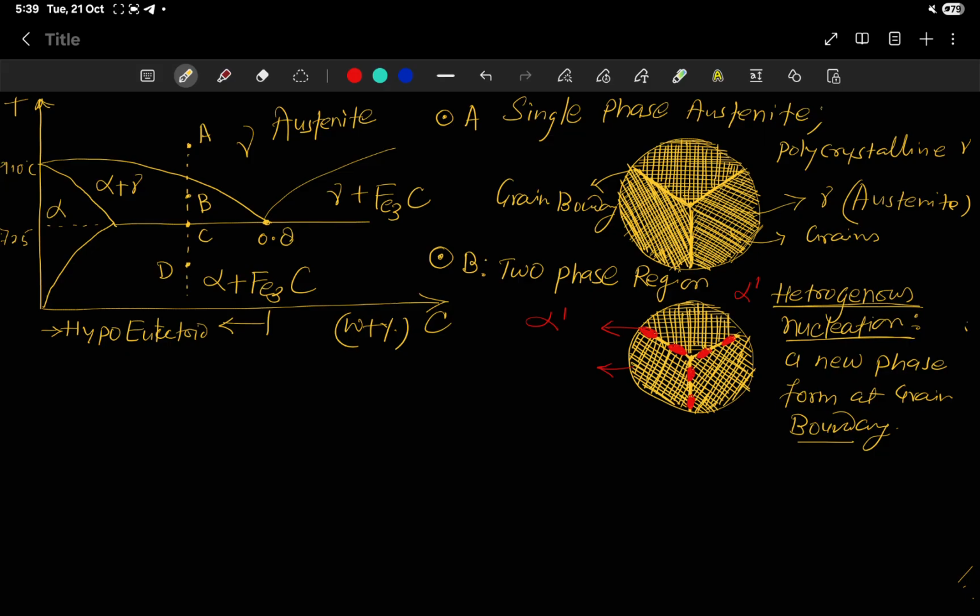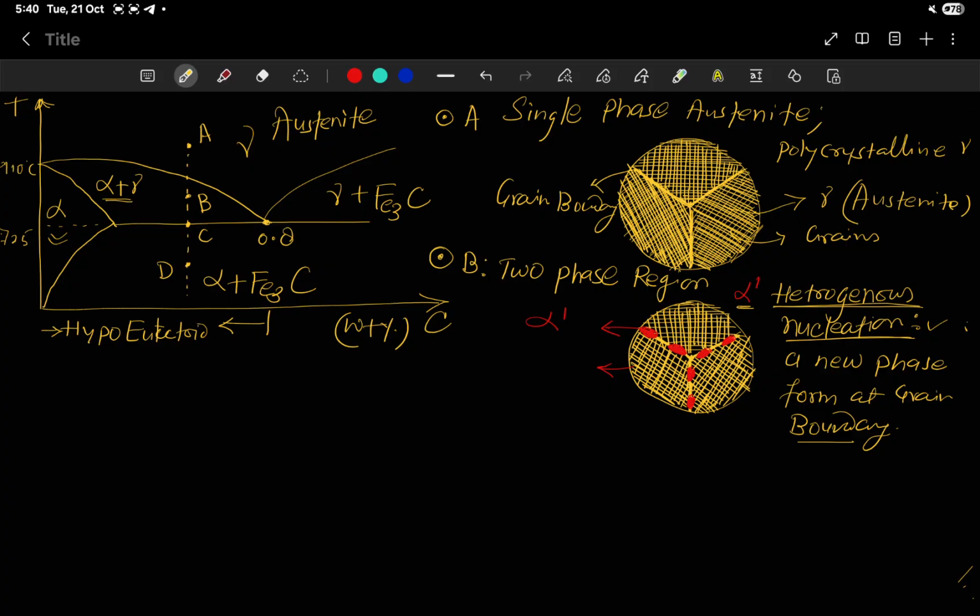So this is the primary reason heterogeneous nucleation will start, and it will form a phase that is called alpha dash. Okay, so here you can see that in the two phase region we have alpha and gamma. Here we are naming this phase alpha dash because we have represented alpha with this, so that's why we are representing it by alpha dash.